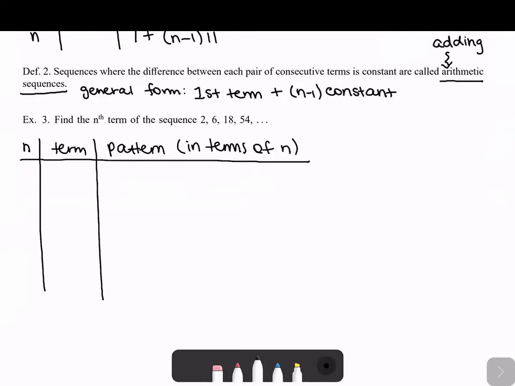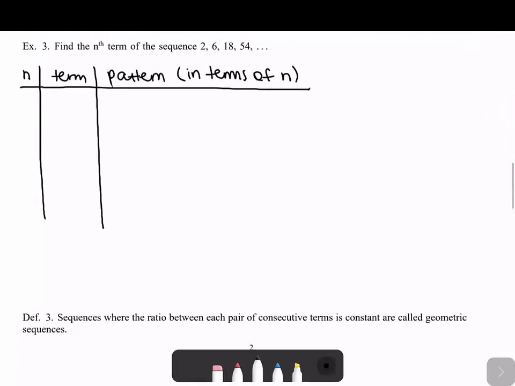Again, we are given the first 4 terms in the sequence, 1, 2, 3, 4, and then we're going to go all the way down to n.